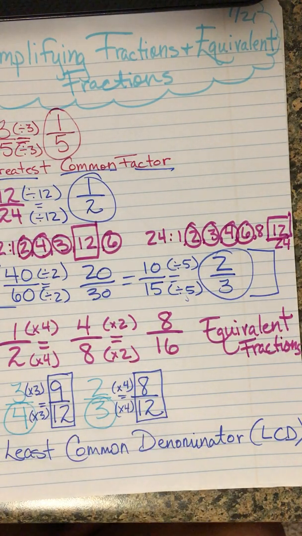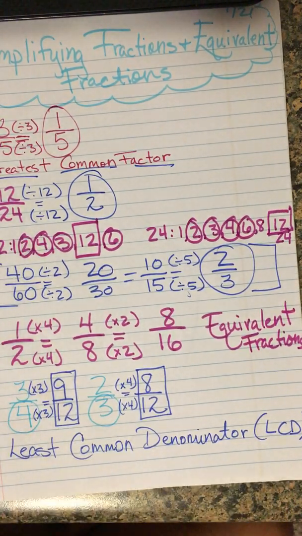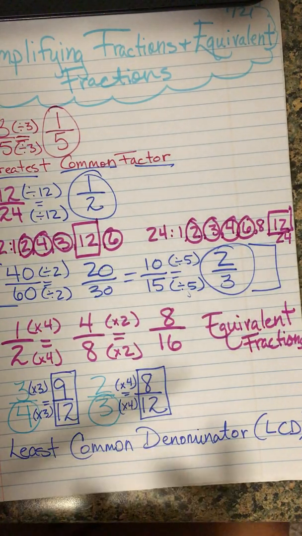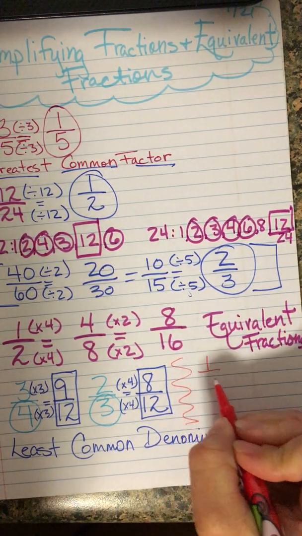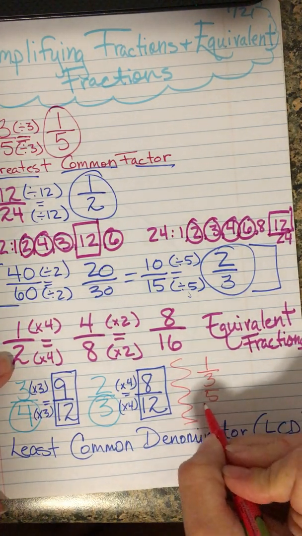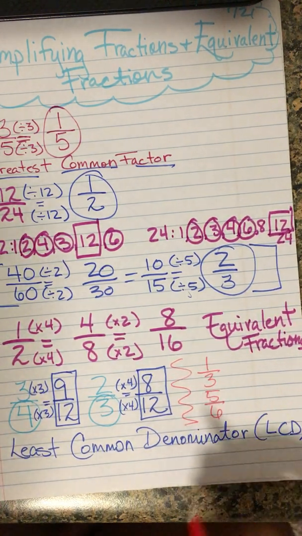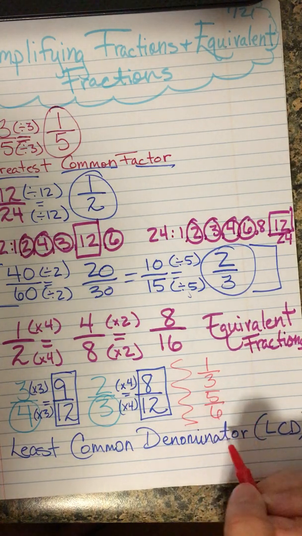If I'm looking for the least common denominator for, let's say, 1/3 and 5/6. Well, I know that 3 times 2 is 6.